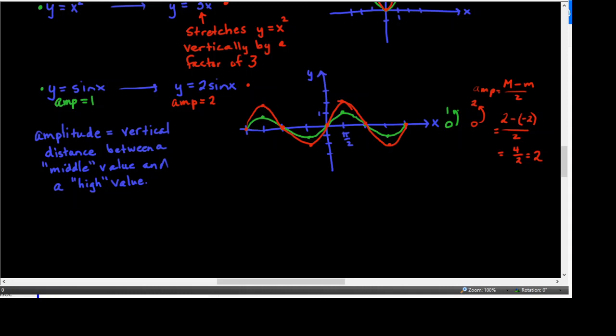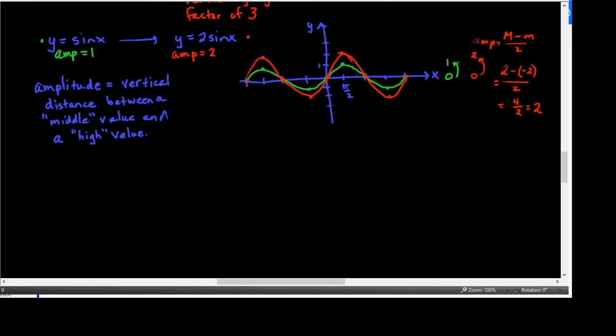Okay, so now let's talk about what would happen if A were negative, because that's actually kind of a different thing. So let's use a color we haven't used yet. Let's graph y equals negative sine of x. Well, it's still multiplying by a constant.